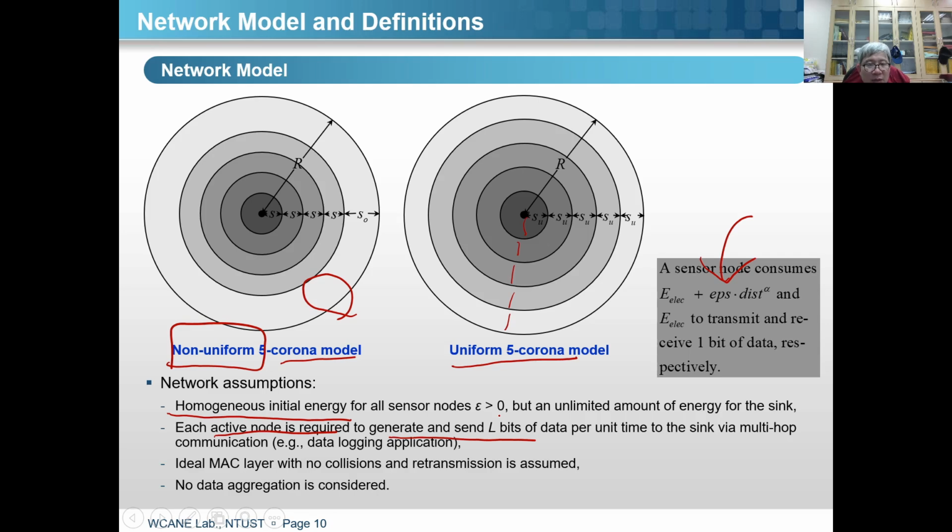We don't make further assumptions, so we have an ideal MAC layer with no collision and no retransmission. And of course, in a wireless sensor network you would have data aggregation, but in the current consideration we make no assumption for it. Data aggregation is not considered in this article.